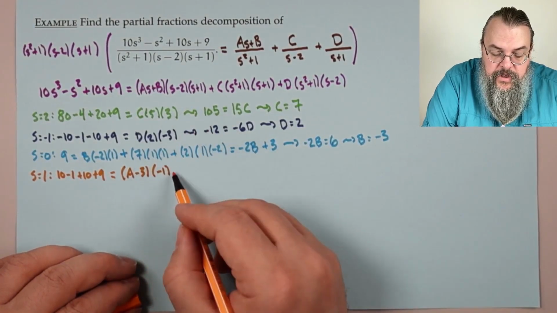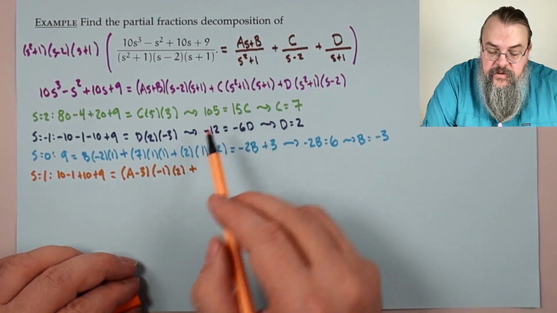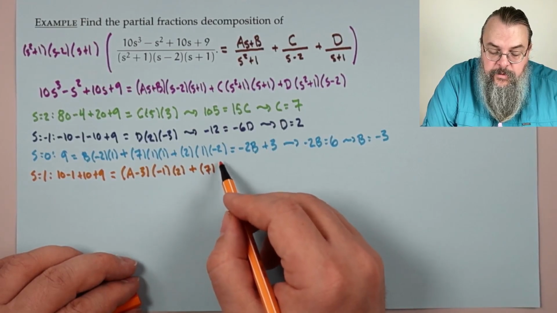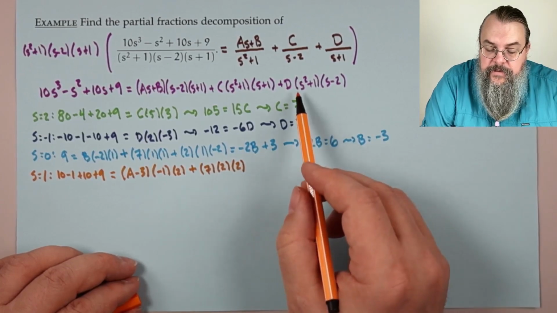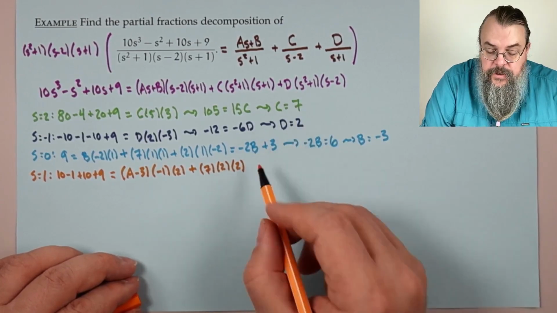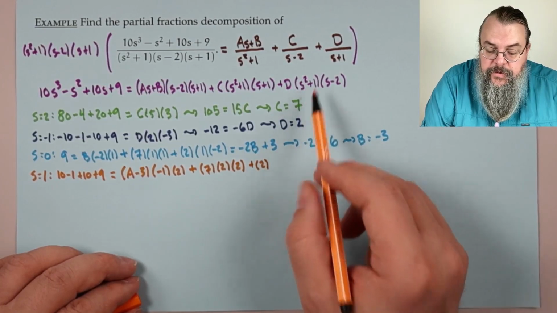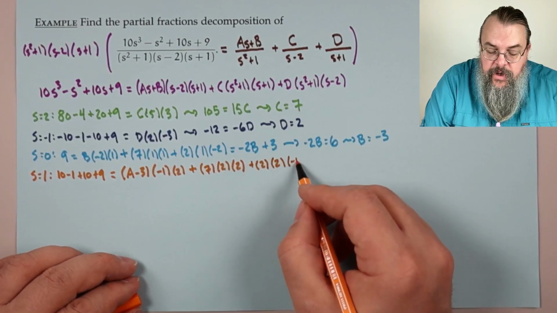And then 1 plus 1 is 2. Then plus C, which is 7. 1 squared plus 1 is 2. 1 plus 1 is 2. And then we'll have D, which is 2. And then 1 squared plus 1 is 2. And 1 minus 2 is minus 1.